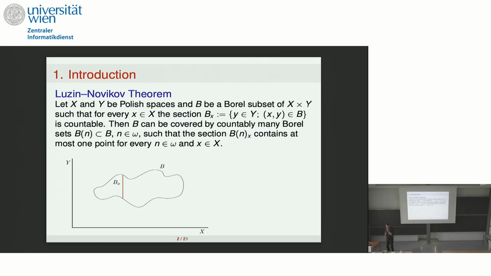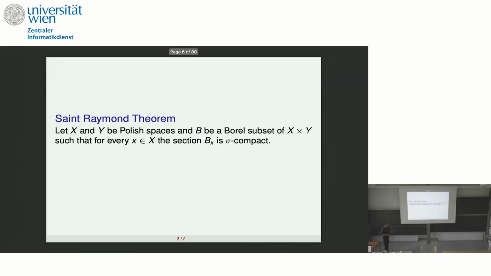My talk will be focused on the Luzin-Novikov theorem, but the same approach can be used in disproving a possible quantitative version of the Saint-Raymond theorem. So let me state this important uniformization result. Again, X and Y are Polish spaces, and we have a Borel set B in the product.